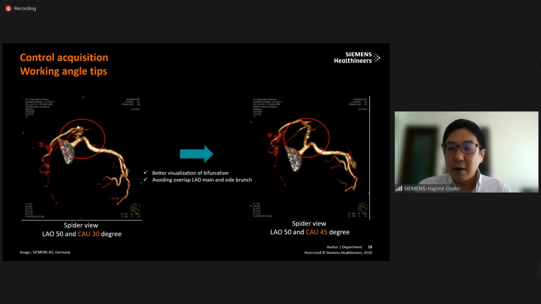LAO 50 and caudal 45 degrees is better, as you see. It helps avoid overlap of the side branch, and the bifurcation part is more visible. So the radiographer has a chance to look for a nice working angle with another modality like this. It is quite helpful for the doctors to decide treatment strategy and it makes treatment safer.